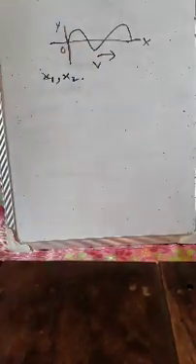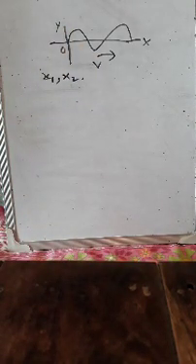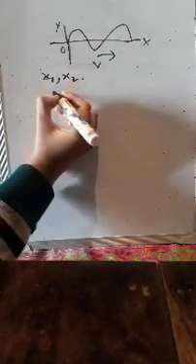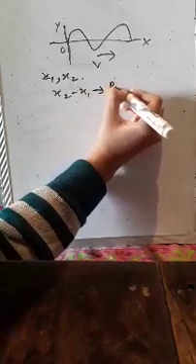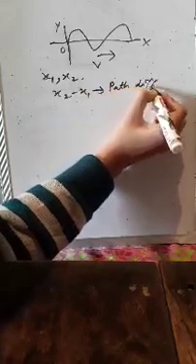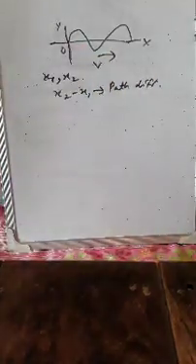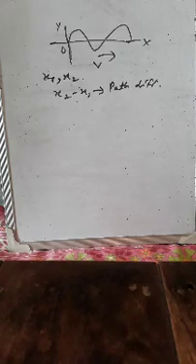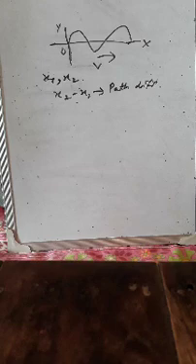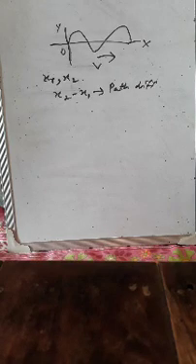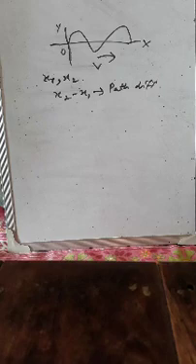So the path difference of the wave between the two particles is x2 minus x1. From the equation we have seen, at an instant t, the phases of the two particles can respectively be written in the form of equations.